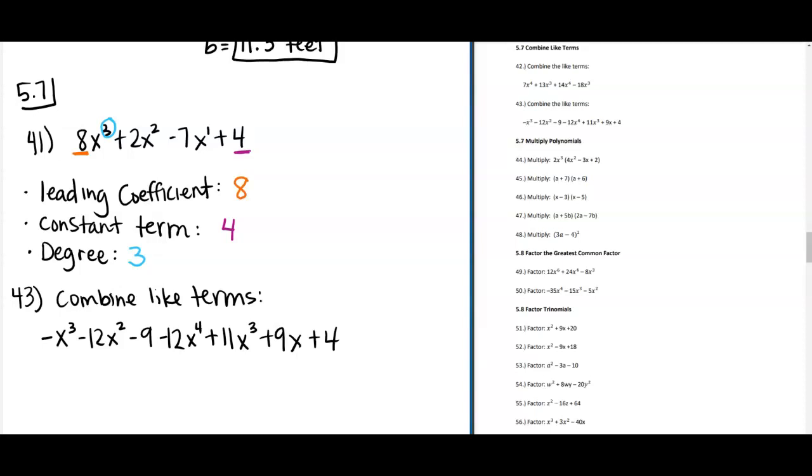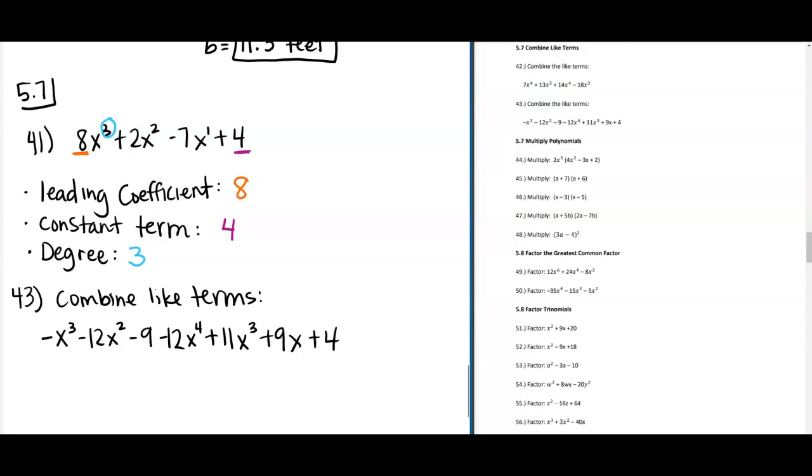Some of them we can combine together, and for some there's nothing to add with it, so we'll just leave it like it is. So we want to write things in descending order. I'm going to look through here and notice what my highest exponent is. Not my highest coefficient, but exponent. So my highest exponent is this x to the fourth power, so I want to put this term very first.